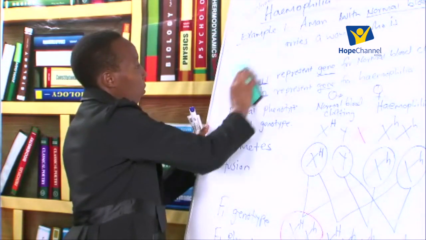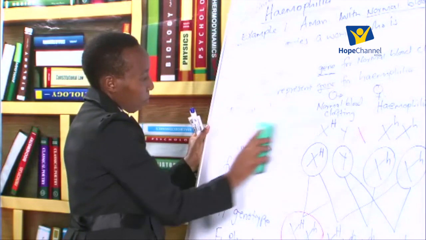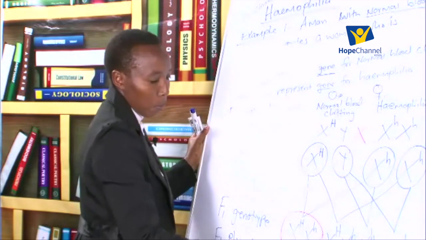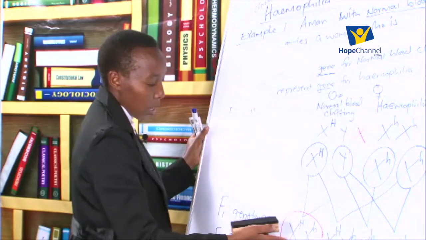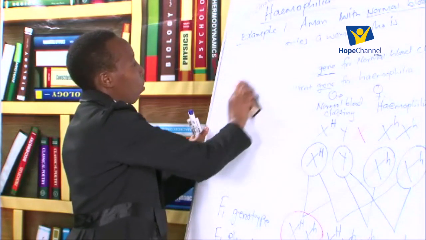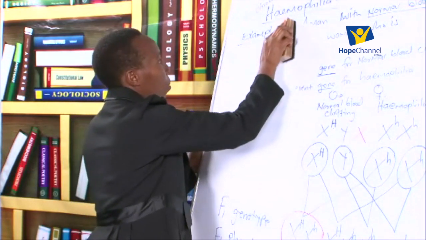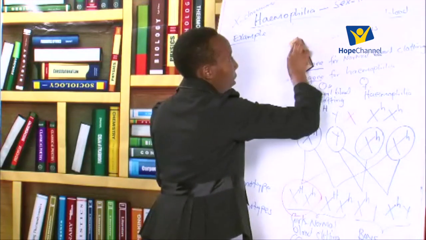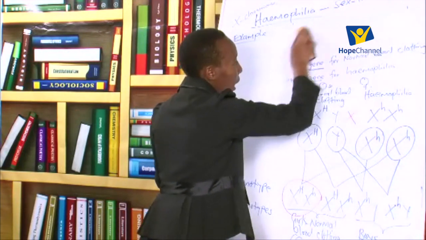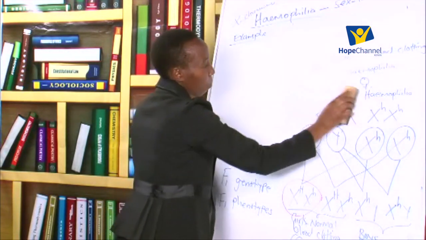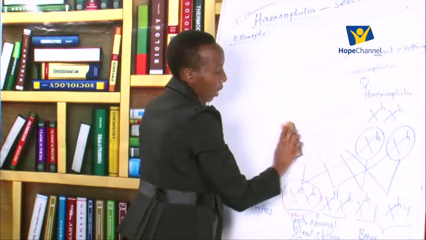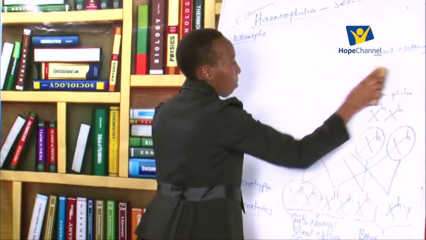So we move to example number 2. In a way, we are moving to the second generation. We've seen that in the first case, the boys will be hemophilic because they are getting the X from the mother.